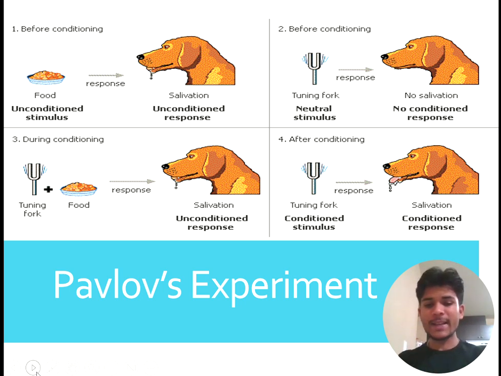In the second case, Pavlov shows the dog a tuning fork. Whenever the dog sees a tuning fork, it never responds. It doesn't do anything because it doesn't care about the tuning fork. But in the third stage, Pavlov combines both the food and the tuning fork.